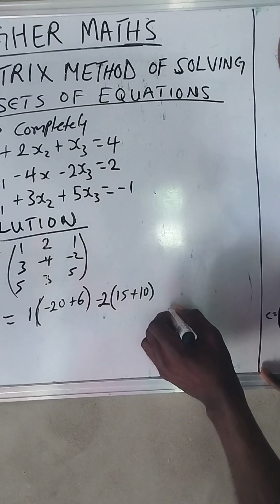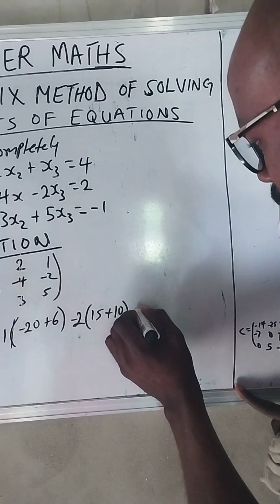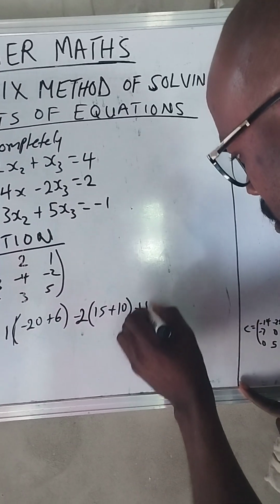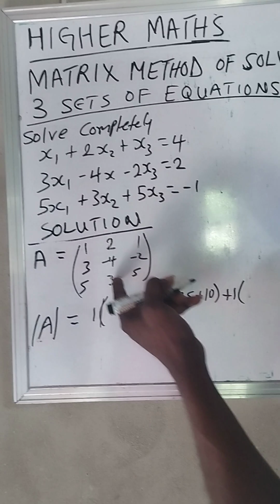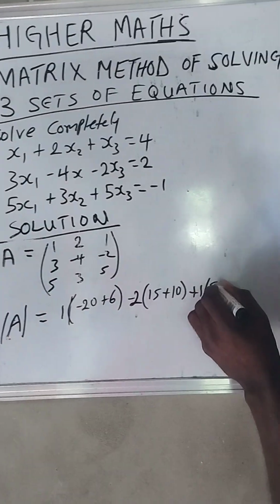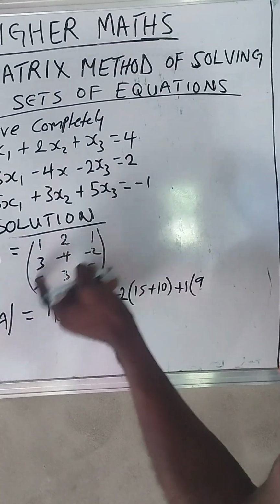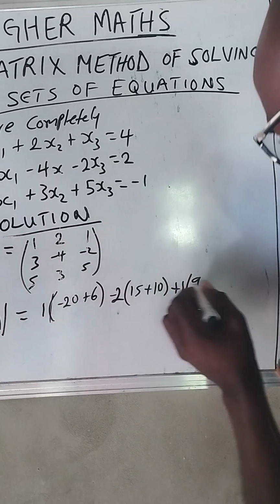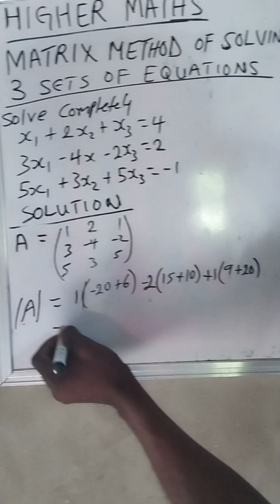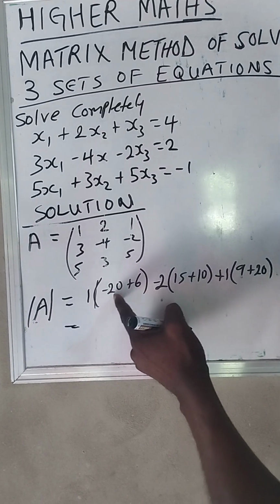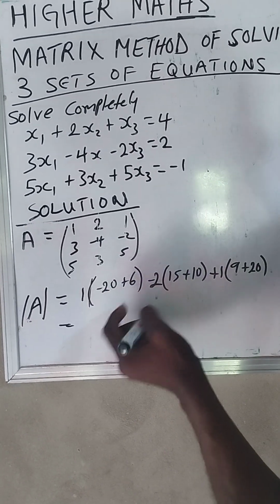Then the third one is plus 1. Draw a vertical line across 1 and draw a horizontal line. You have 3 times 3, 9, and 5 times 4 is 20, so 9 plus 20. So from here we have minus 20 plus 6, which is minus 14.